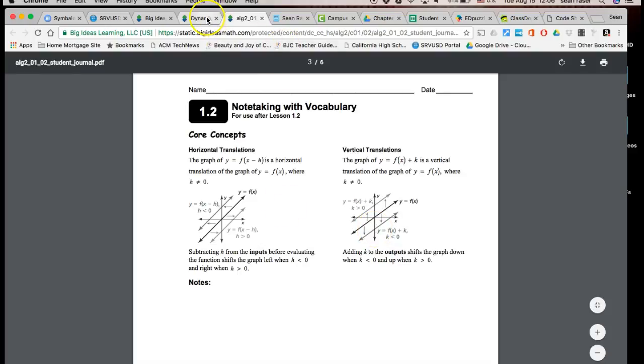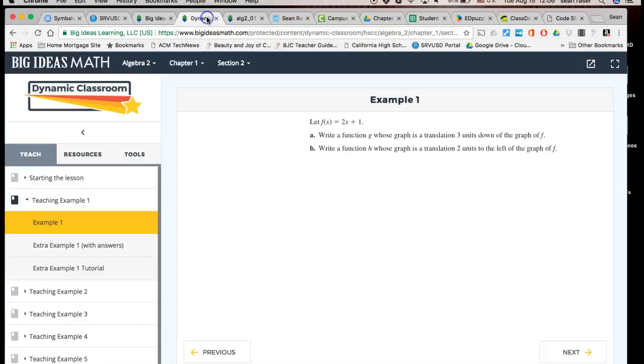So let's go ahead and look at this. Here's our function, 2x plus 1. We want to write a new function whose graph is a translation 3 units down from the graph of f.